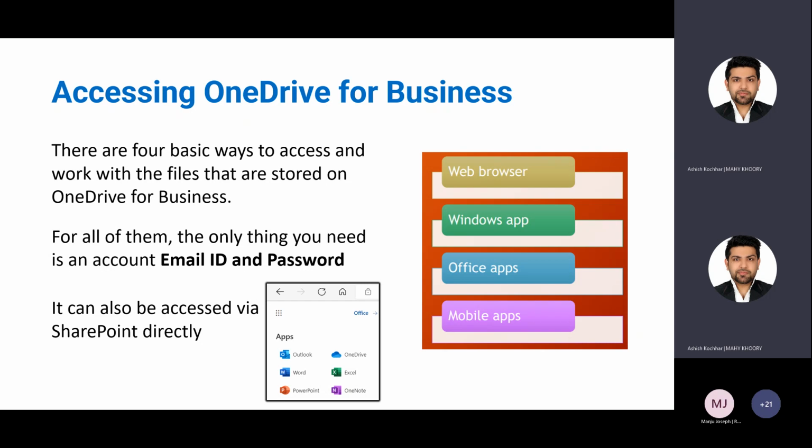Then you can also access OneDrive using a Windows application, via the Office application, and via your mobile phone when you have the OneDrive application installed. For all of them, the only thing you need is an account, an email ID, and a password.